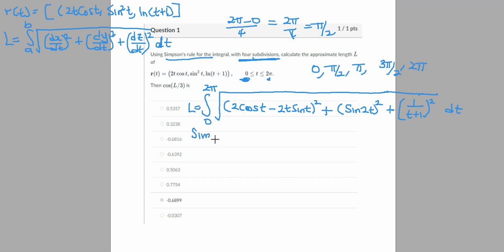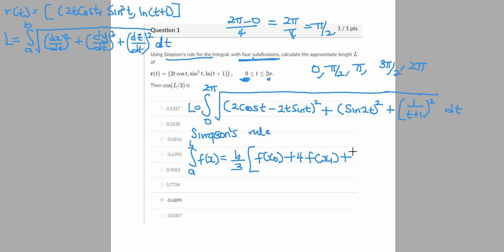And what does Simpson rule state? Simpson's rule states that if you are integrating any function f of x from a to b, it's going to be h over 3 into brackets, f of x naught plus 4 f of x1 plus 2 f of x2 plus 4 f of x3 plus f of x4.